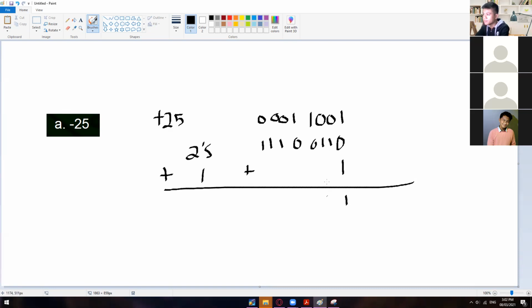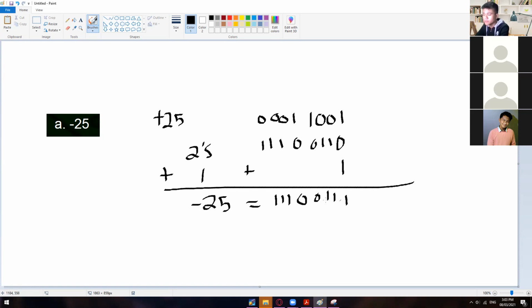And then the rest are just numbers that you need to bring down. There you go. This is now the representation of -25: 1, 1, 1, 0, 0, 1, 1, 1.